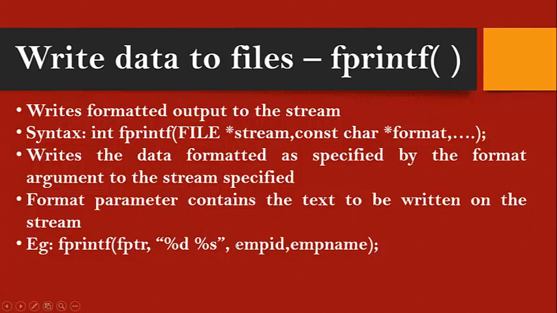The data will be pointed to the arguments that are already occupying space in memory. For example, employee ID and employee name will be variables that are already declared and already occupy some space in the memory. So the data will be carried out in terms of your character format, and this content, through the variables, will be written to the particular stream.